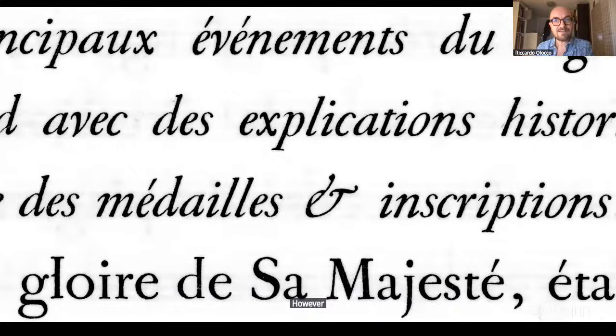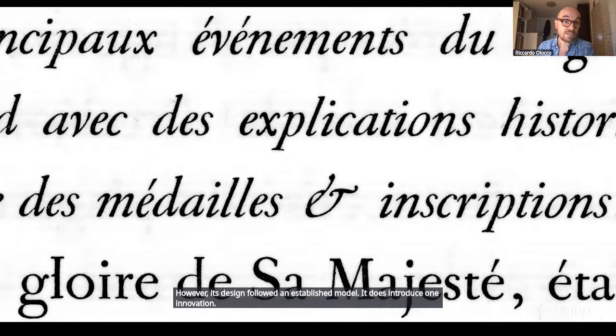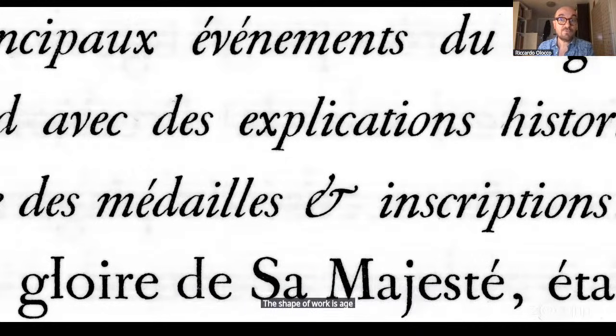However, its design followed an established model. It does introduce one innovation, though. The shape of lowercase h, unlike all the previous Italic types, follows that of lowercase n, as you can see here. Up to then, typographic Italic had always included the round h with the right stem curved inwards.